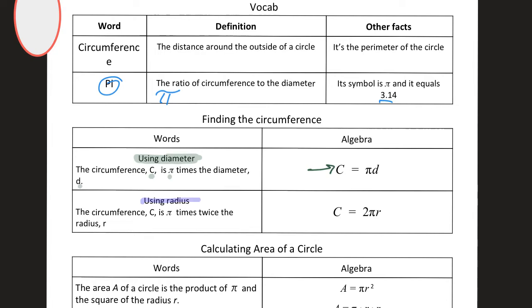If we're using the radius, well, since the diameter is just 2 times the radius, we just take 2 times the radius times pi, and we just substitute that for the diameter in the formula.